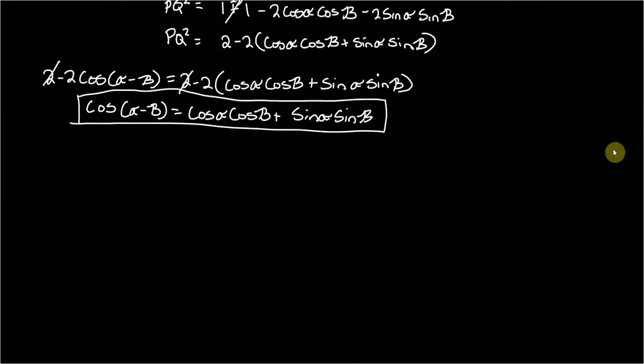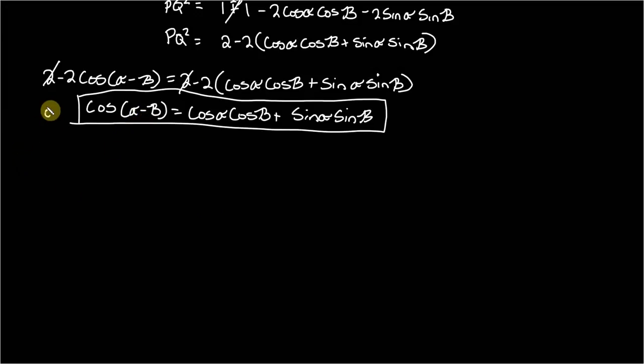But now that it's been proven that cos(alpha minus beta) equals cos alpha cos beta plus sine alpha sine beta, we can look to quickly proving the other angle sum identities, or compound angle identities. To start, let's prove cos(alpha plus beta).